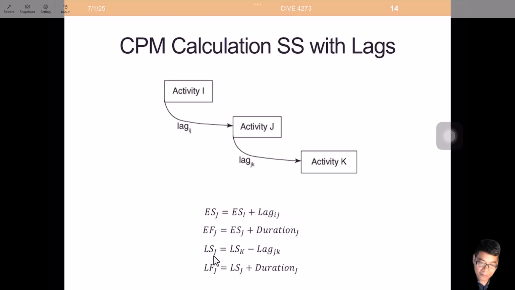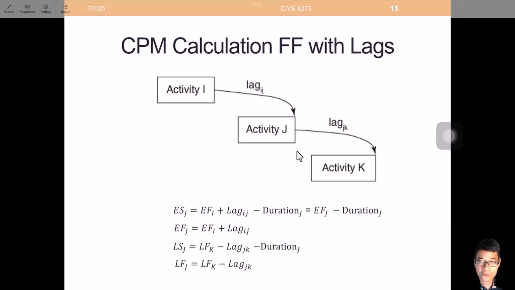The late start of activity J is the late start of activity K minus the lag, since this is linked to the start side. Going backward, we do a minus. The late finish of activity J is the late start of J plus the duration.